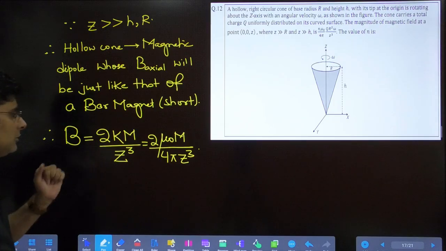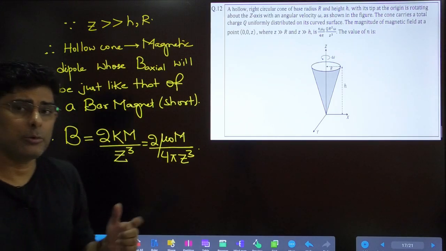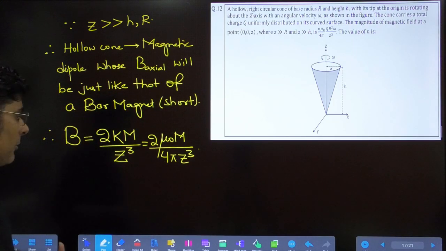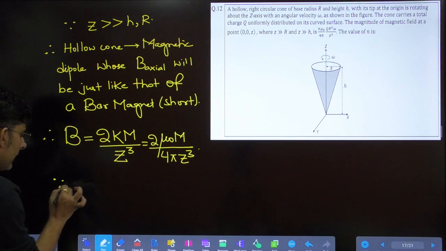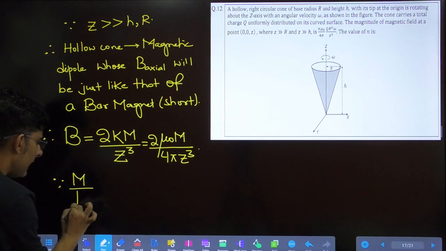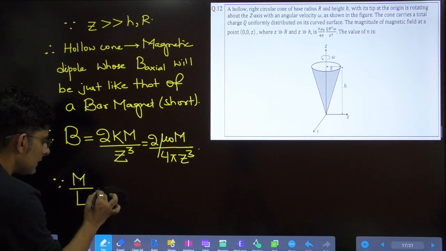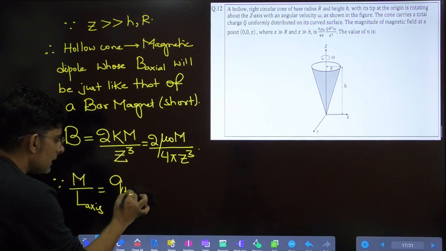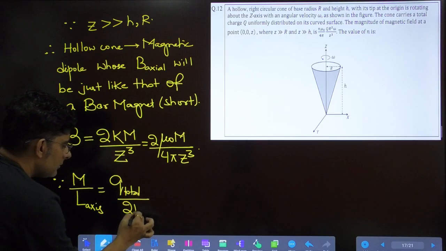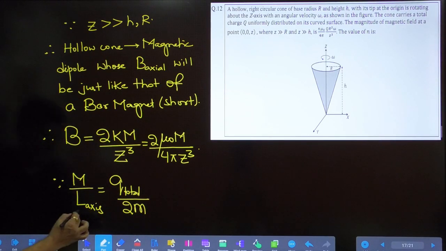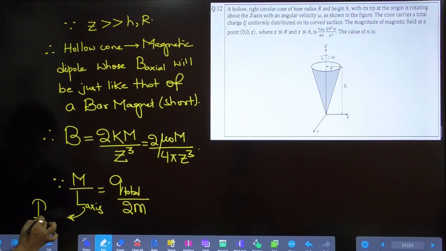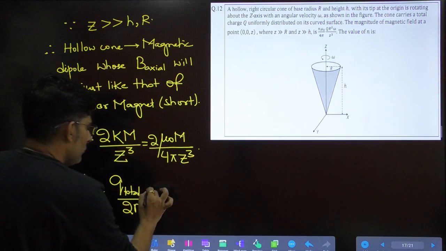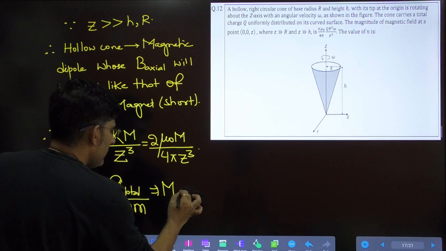This is the value of B. Now we have to find m. How to find m? We can find it by using the gyromagnetic ratio. We know the gyromagnetic ratio, m by angular momentum about the axis of rotation, is total charge by 2 times total mass. Angular momentum is I omega. So from here m will be what?